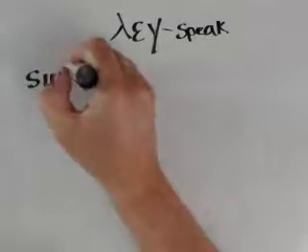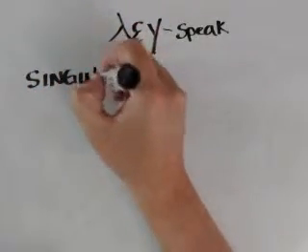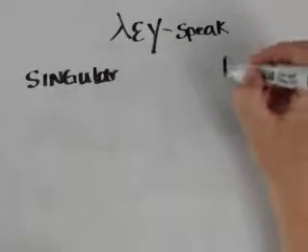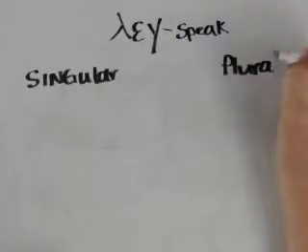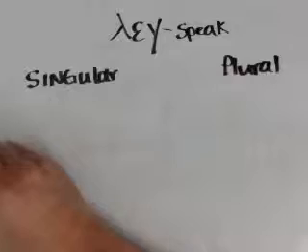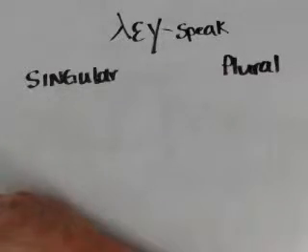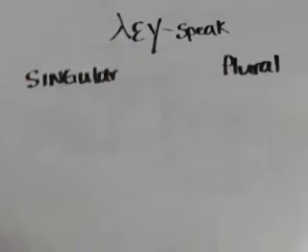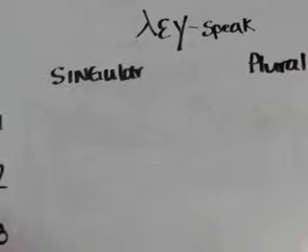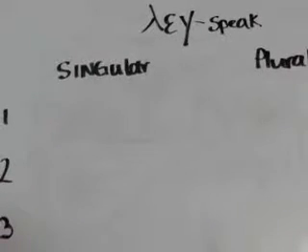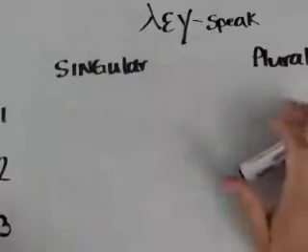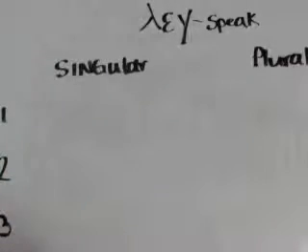Singular, and then plural. And then, of course, just deliberately practice this. Don't underestimate the value of practicing this. First, second, third. Now you've got singular and plural, first, second, third person.